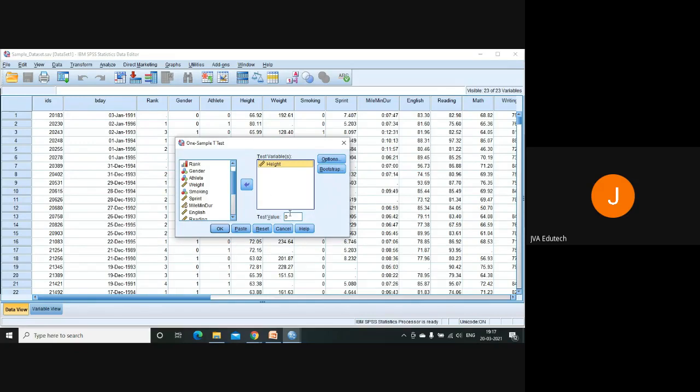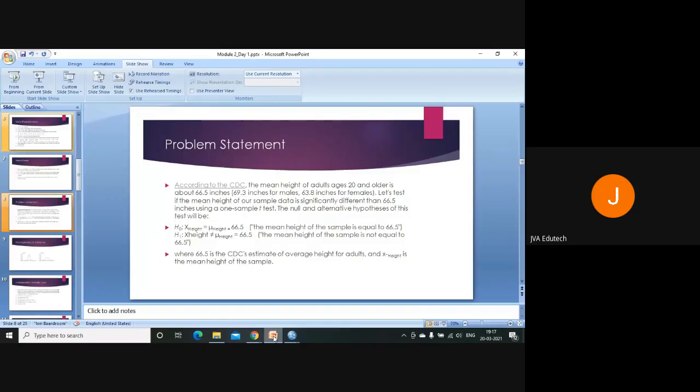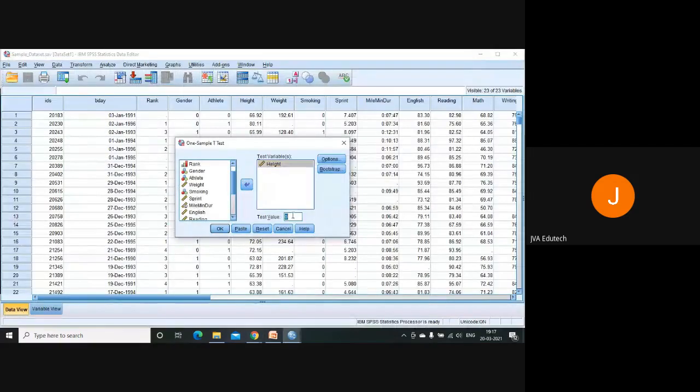What should be our test value? Remember, the test value is the value against which we are comparing our value. Sir, 66.5, I think. It's 66.5, the mean height from the population. So we put in 66.5.